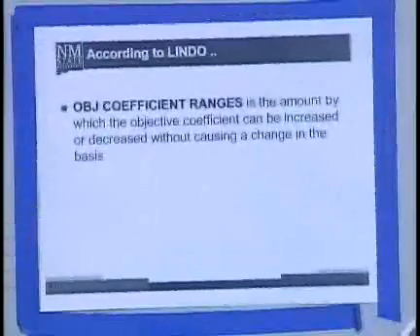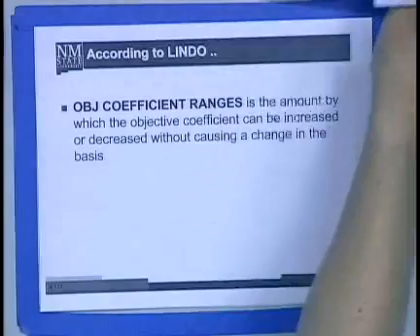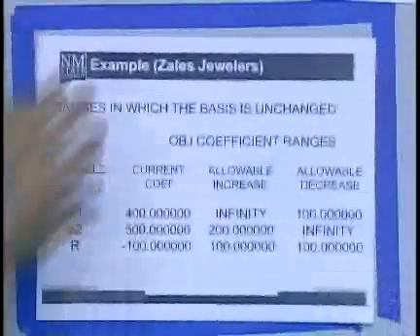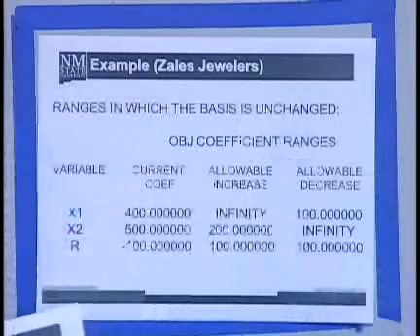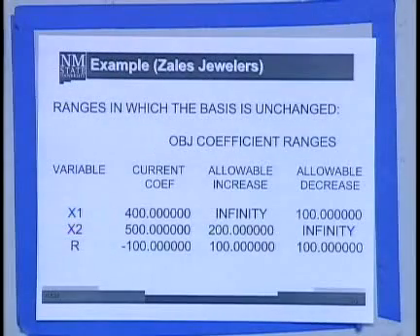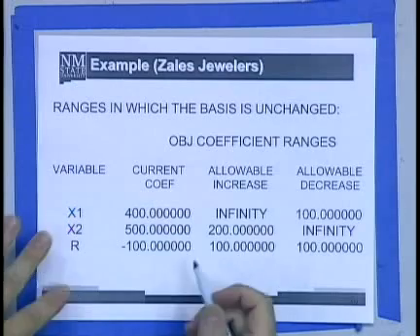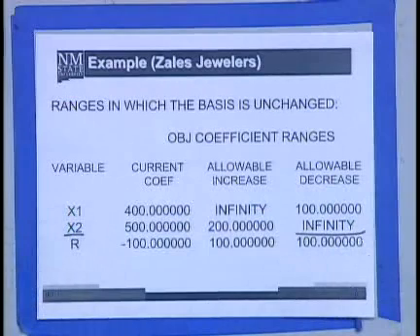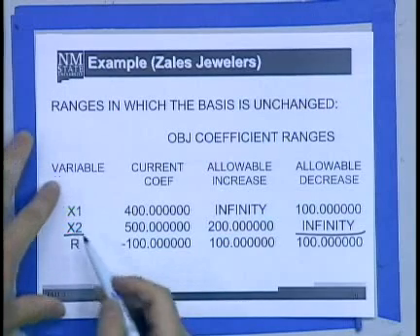So first, you need to look at the objective coefficient ranges. According to the Lindo report, the allowable decrease of x2 variable is infinity. This means the basis is unchanged for any decrease in the objective coefficient of variable x2.